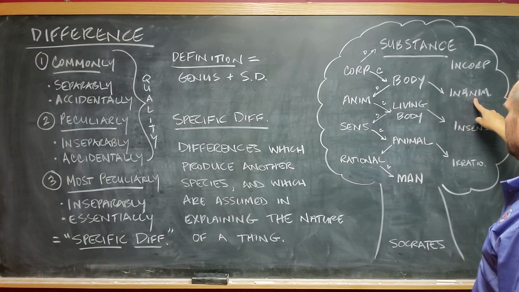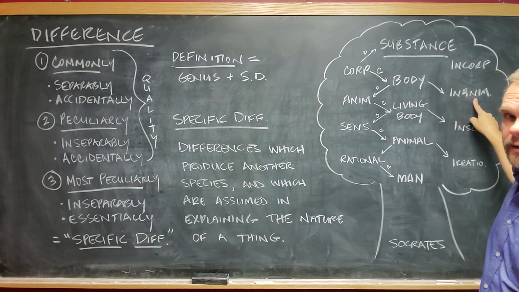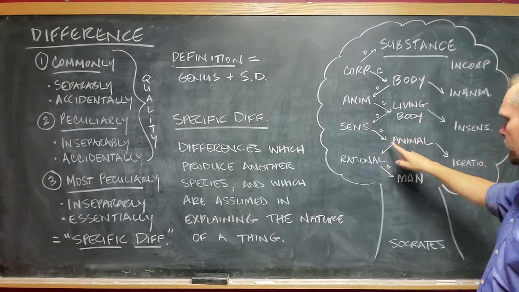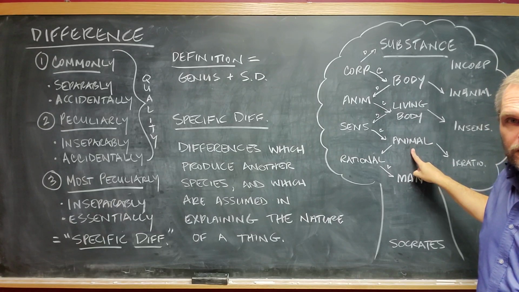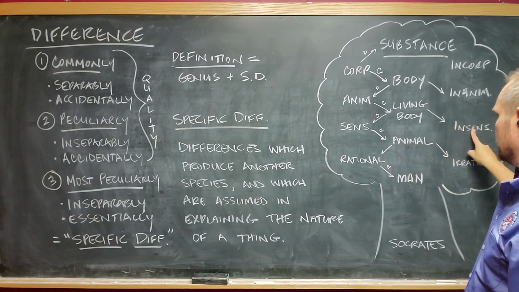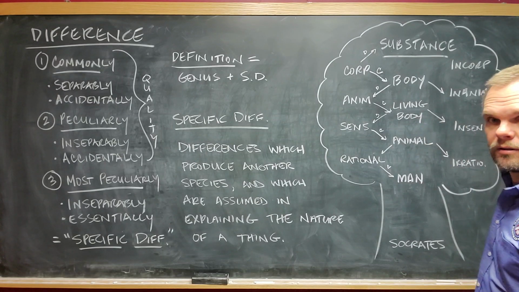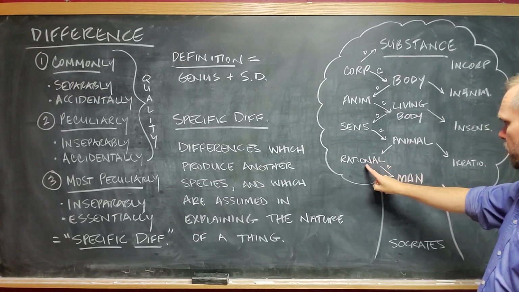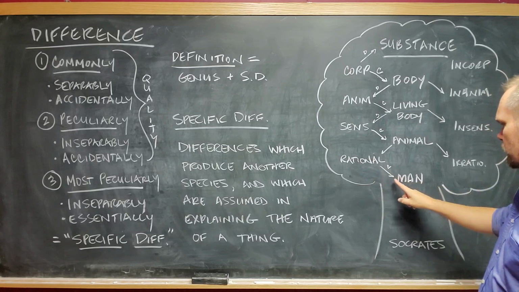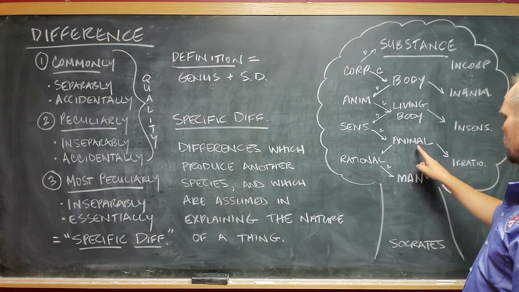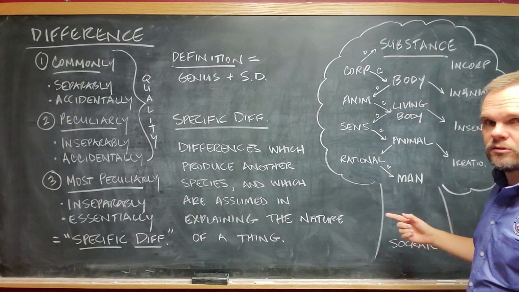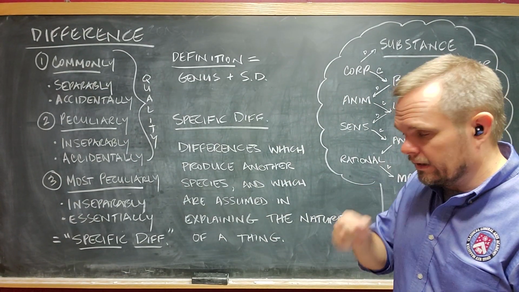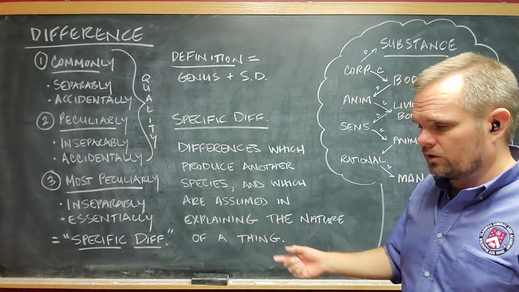But we could also choose inanimate body, which would be a non-living body. We chose sensitive living body, and that constituted the species animal. But we could have also said insensitive living body and produced the species plant. And lastly, we chose to go with rational animal, which constituted man. But we could have gone with irrational animal, which would constitute beast or a common animal. An irrational animal: cattle, birds, fish, etc.